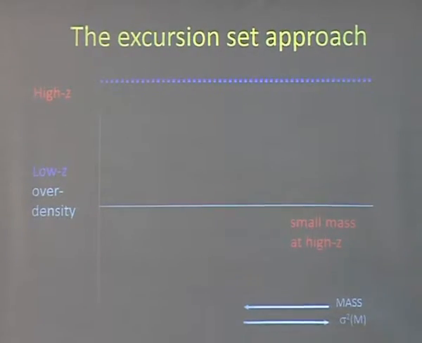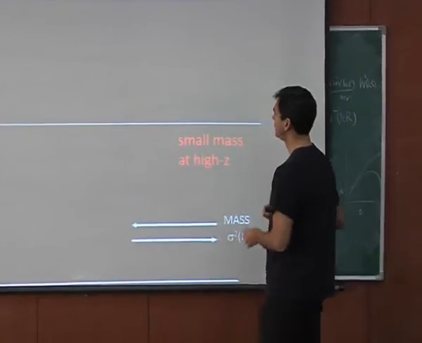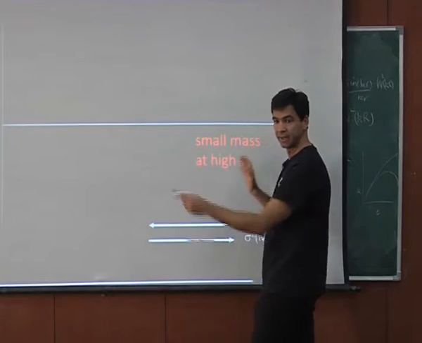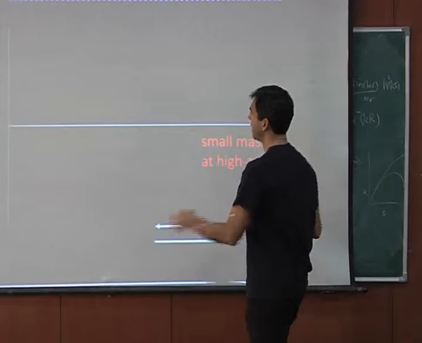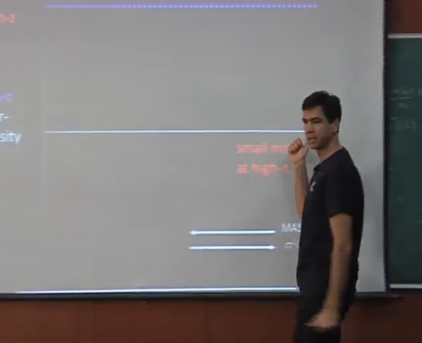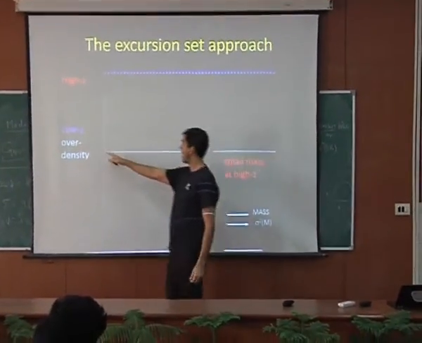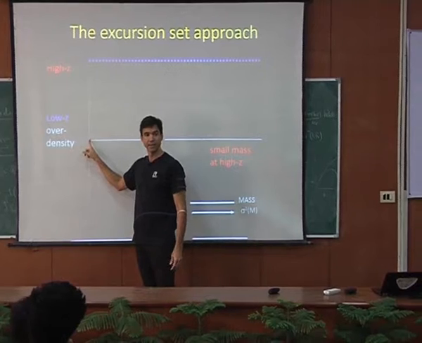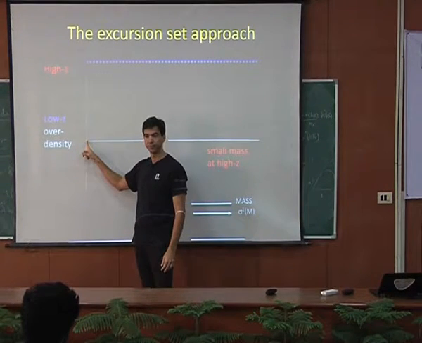Now I'm going to make a plot in the plane of the smoothing scale and the density. And I'm going to do it in a funny way. The large smoothing scale is going to be here, and the small smoothing scale is going to be here. The reason is that I know for sure on large smoothing scales the density is 0, because the universe is homogeneous.